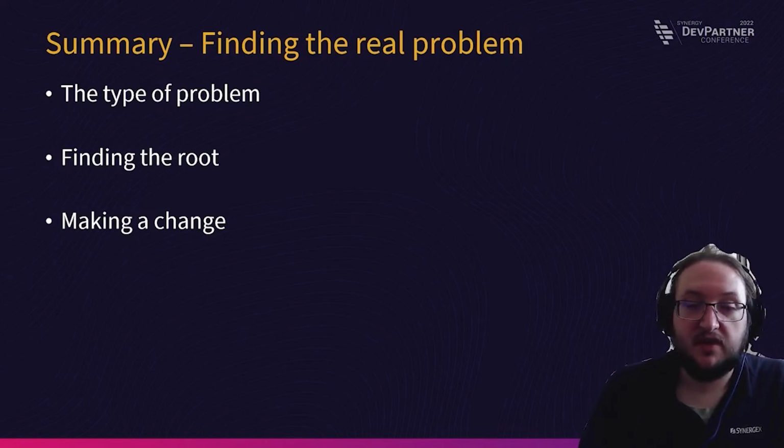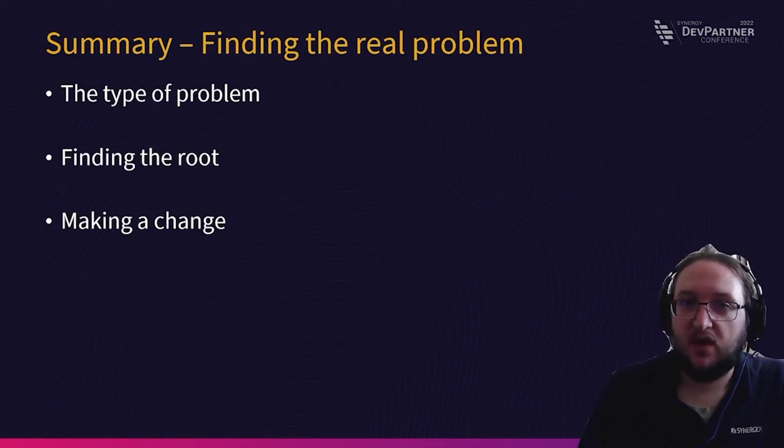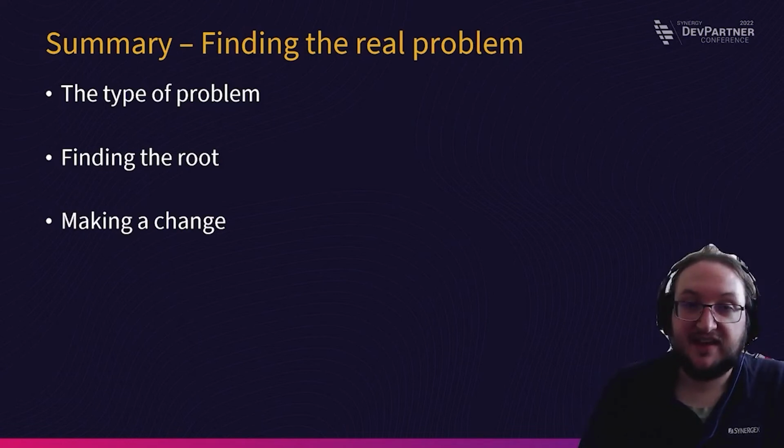Or because there's just no redundancy, no planning for a fault or something unexpected happening? And then really think about the root. Try to restate the problem, ask the 5 whys, ask people about their perspective of how this process works, and try to dig into why the process works the way it does. What are the requirements that were put into it, and that kind of stuff? And then, championing your change and making that change happen.